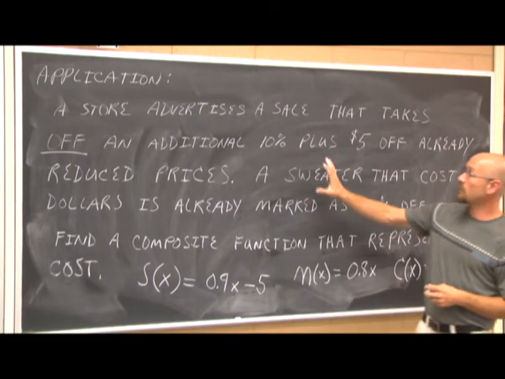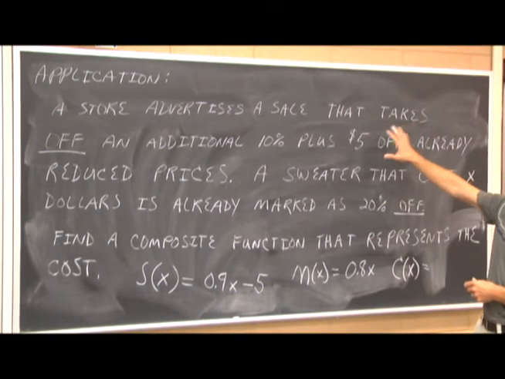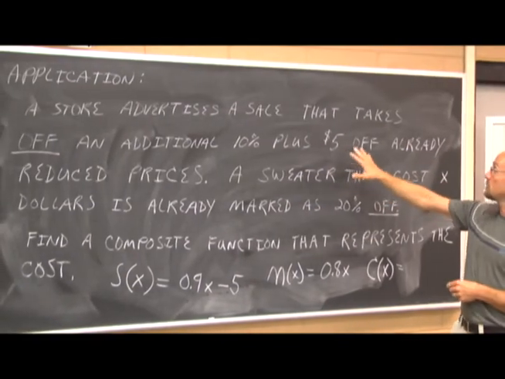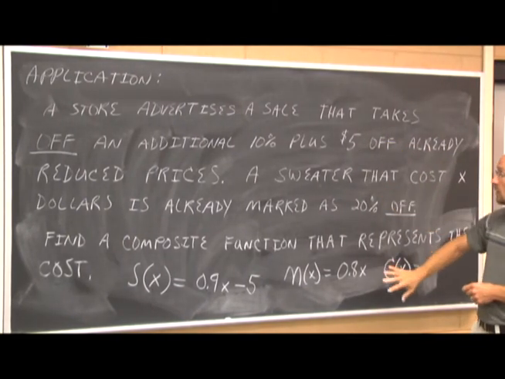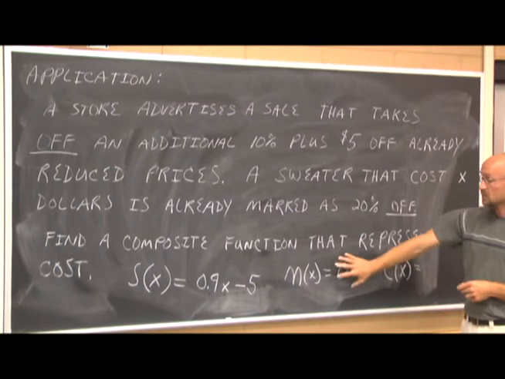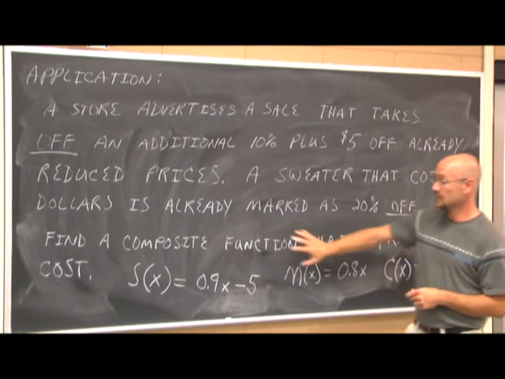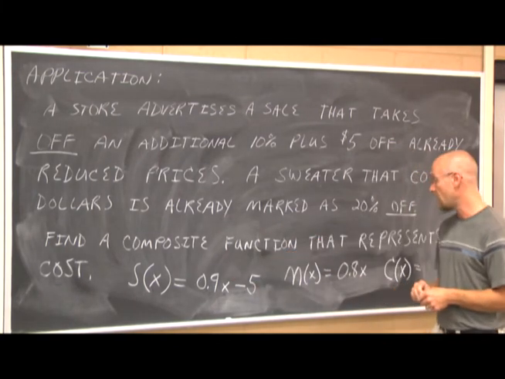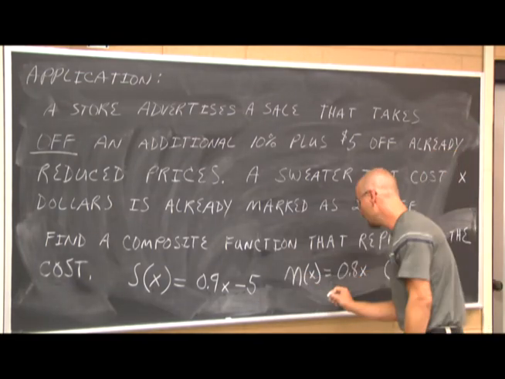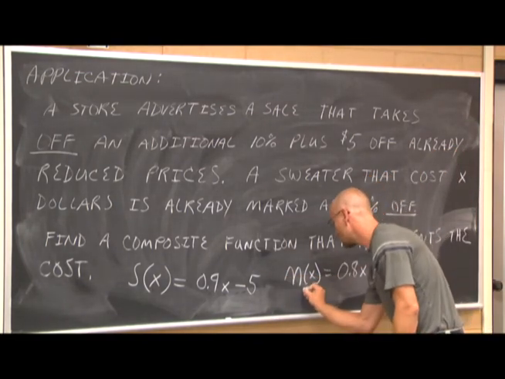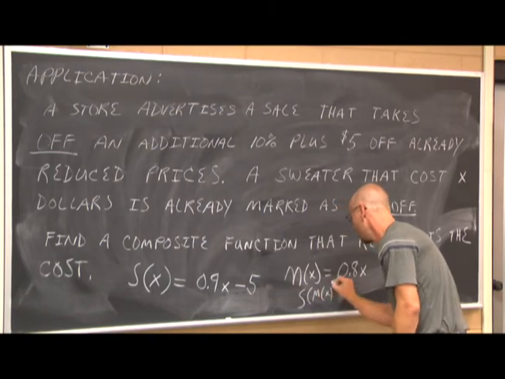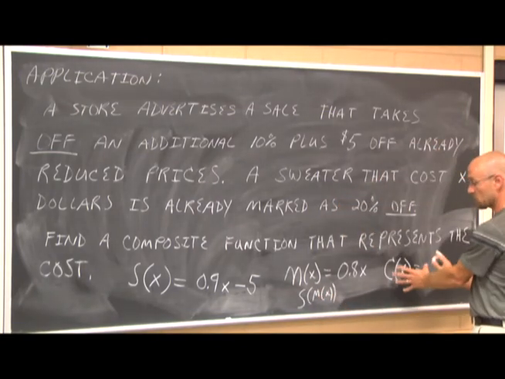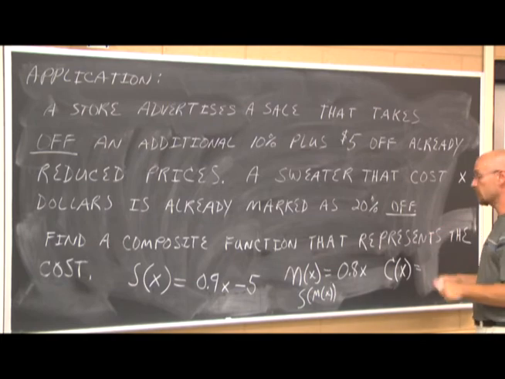If I have a sale price that takes off an additional 10% plus $5 off already reduced prices, well, what it's marked as is my reduced price, and this is what it's additionally going to take off. So I'm going to evaluate this function with this function, essentially S of M of x. That's what my final composite function is going to be.